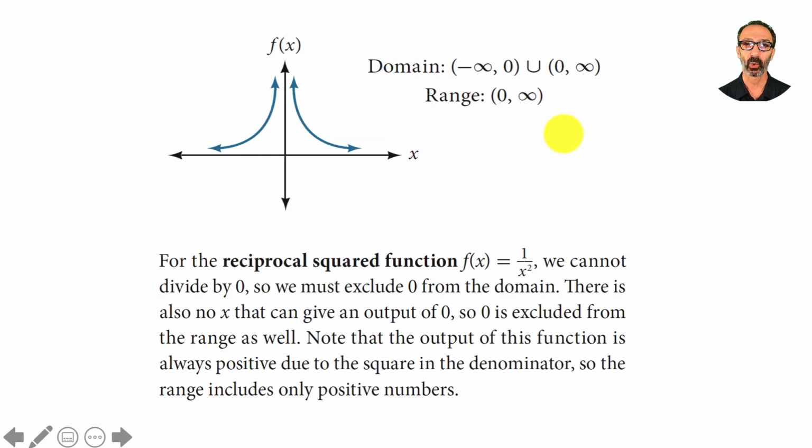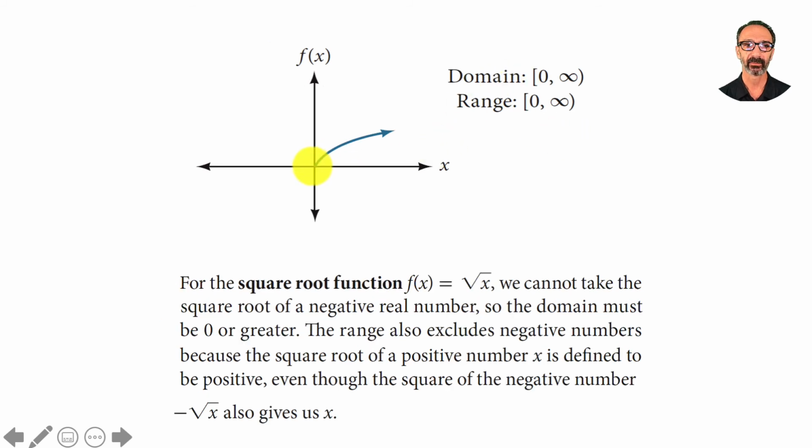This is 1 over x to the second from the previous video. The domain is all real numbers except 0, because you can't plug in 0 in the denominator. And the range will be from 0 up, not including 0. Domain from 0 to infinity, that's the square root of x. You could have 0 here.